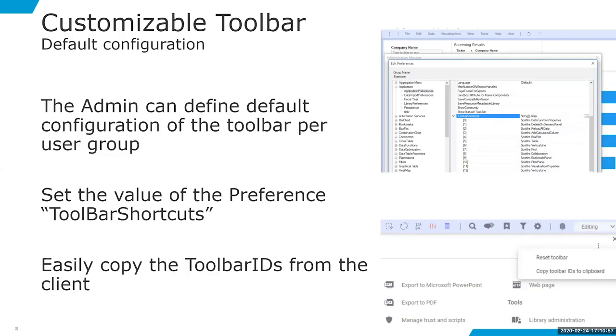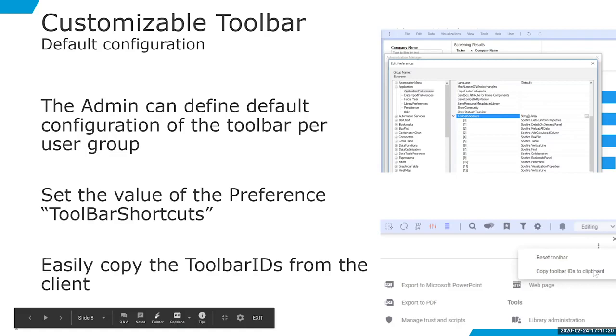The toolbar defaults are actually captured by a preference, a server preference called toolbar shortcuts. And there are some defined keywords that represent each of the features that you can put in the toolbar. And that's the use of this copy toolbar IDs to clipboard.